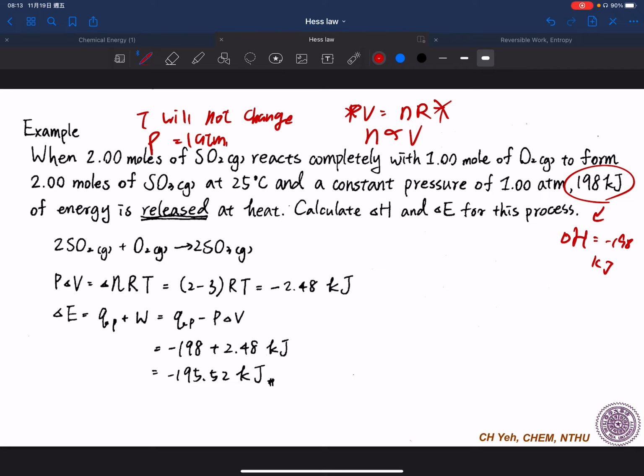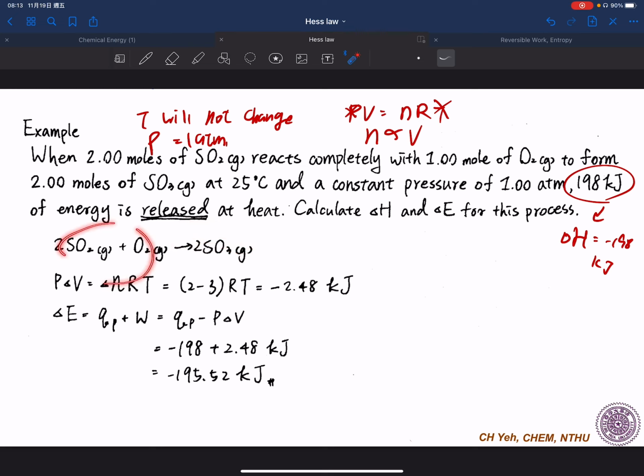From the previous section, I have told you that if there is a volume change, there should be a working energy, no matter whether it's negative or positive. Now there is a change in moles. You can be very clear over here. From the initial stage, there will be 2 moles of SO2 and 1 mole of oxygen, and in the final state, 2 moles of SO3.